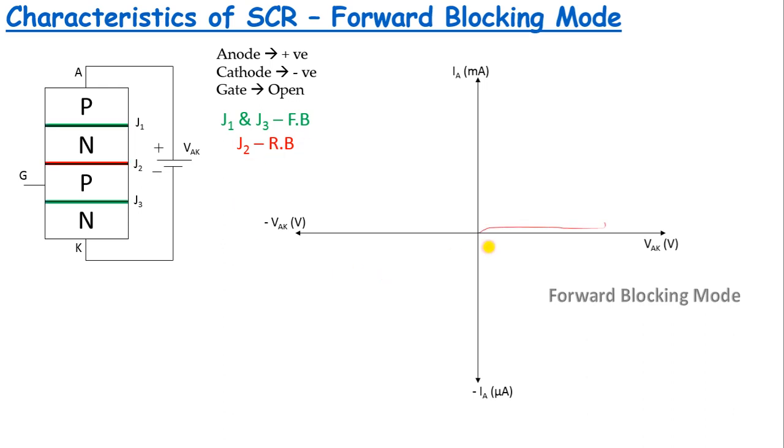Now we will try to increase the voltage applied across the anode and the cathode terminals from 0 onwards. If you increase the voltage applied across the anode and the cathode terminals, you can get a current flow through the SCR, but this current is due to the movement of the minority charge carriers.